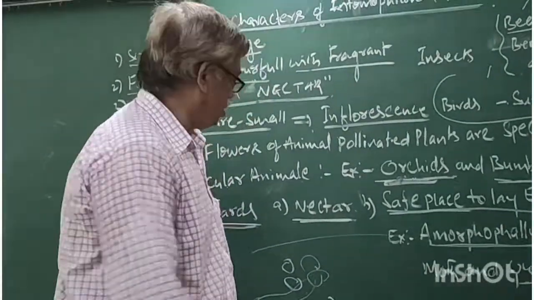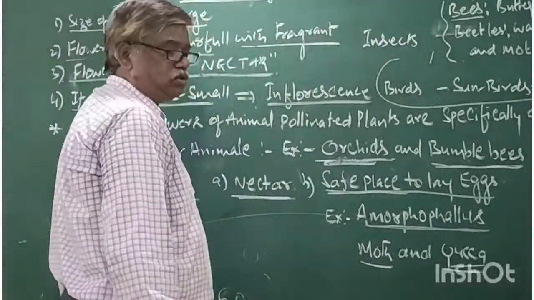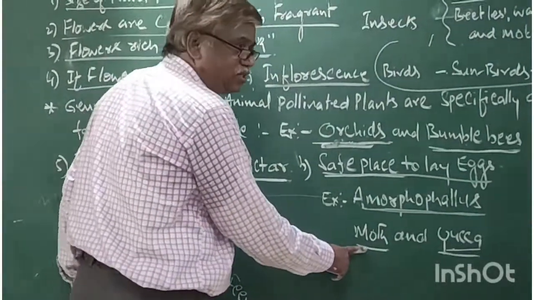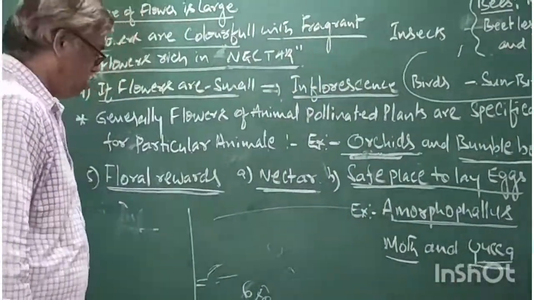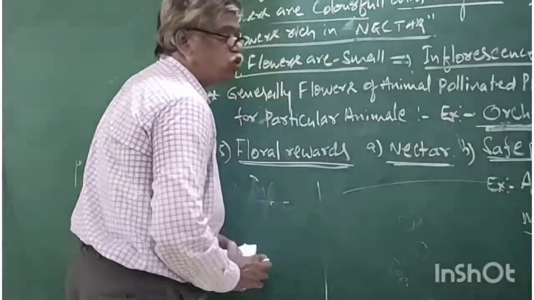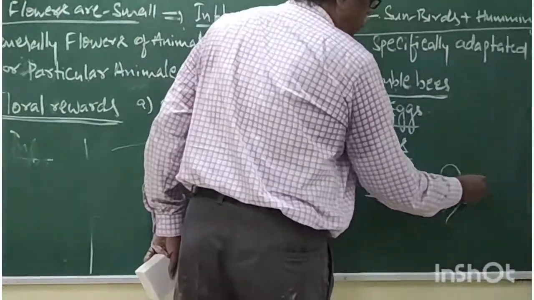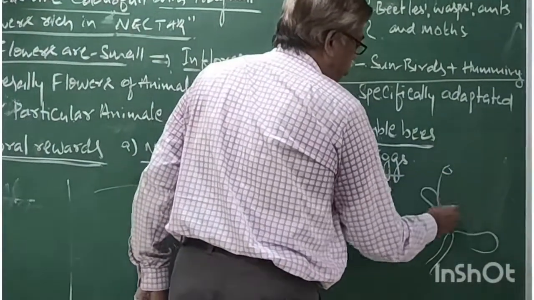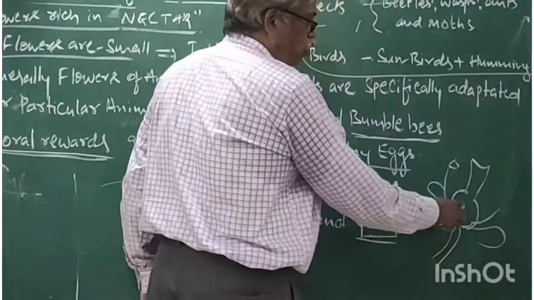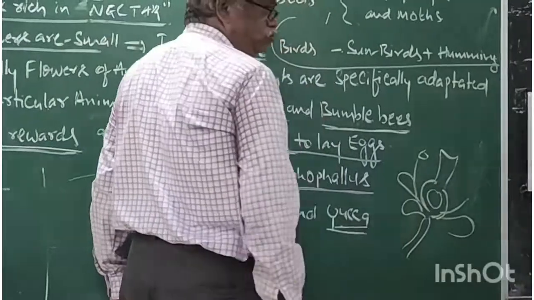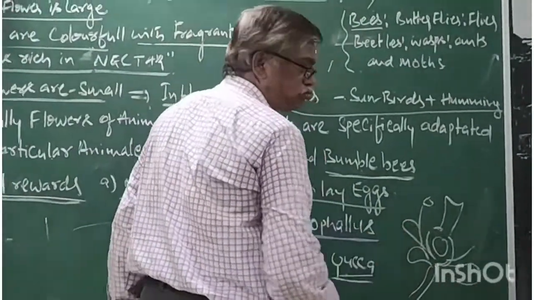Like another example, moth and yucca. Here the moth is the insect, yucca the plant. This is the flower of yucca, with a circle of petals. Now, what is this? Ovary, locule. Some aperture will be there.